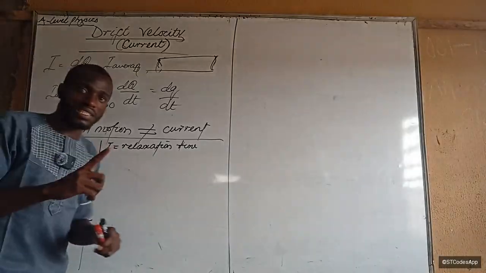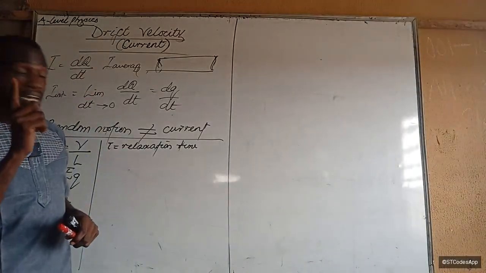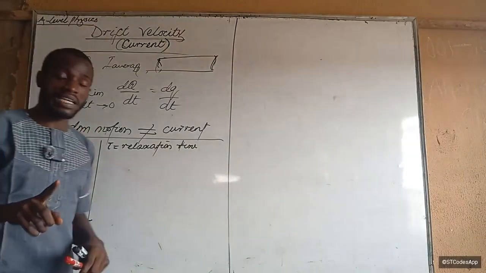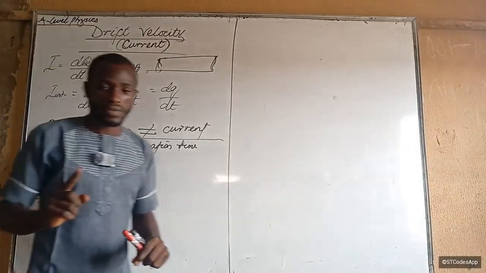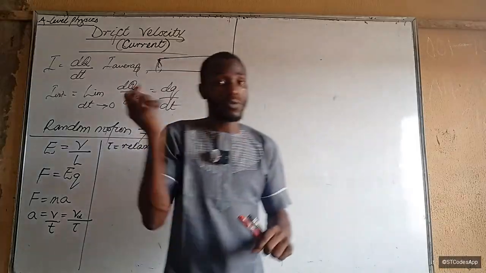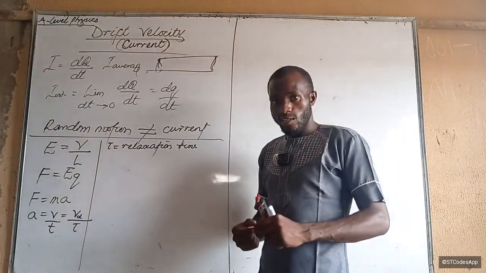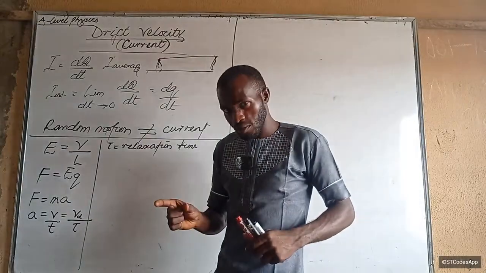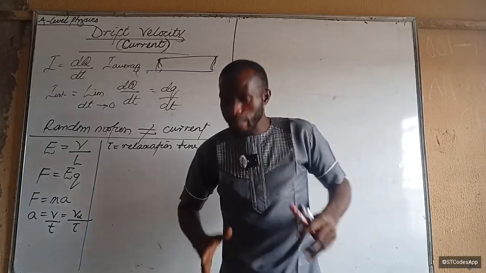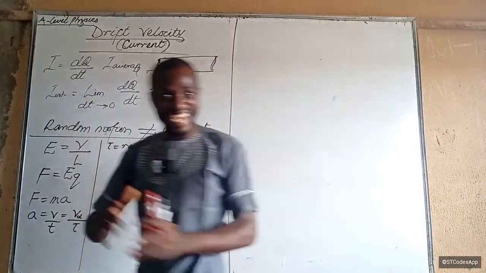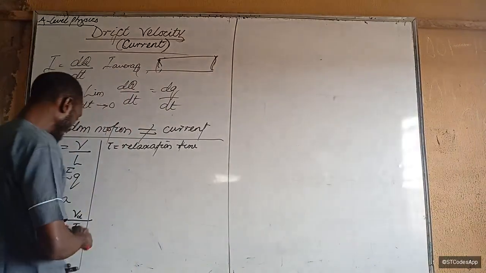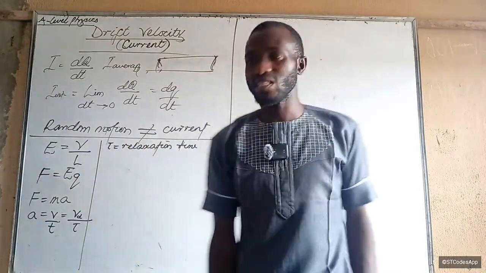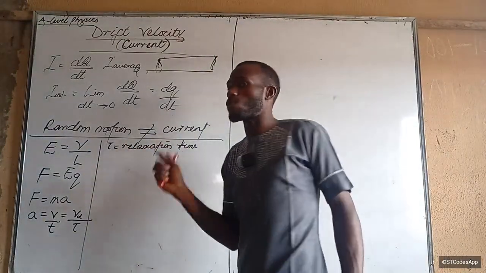So the acceleration we are calculating here is going to be the acceleration between any successive collision. So that is the time between the first collision and the next collision. That is the time over which we say that the body has accelerated, because that is its relaxation time from collision.